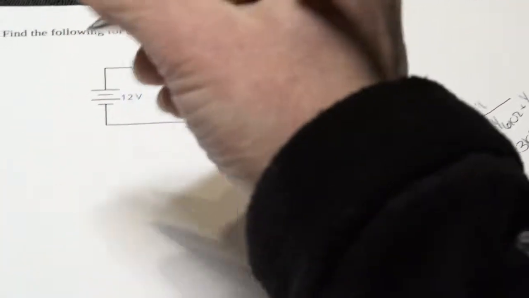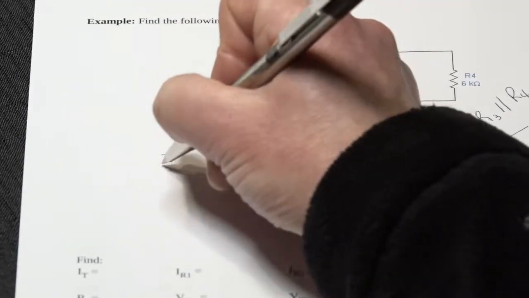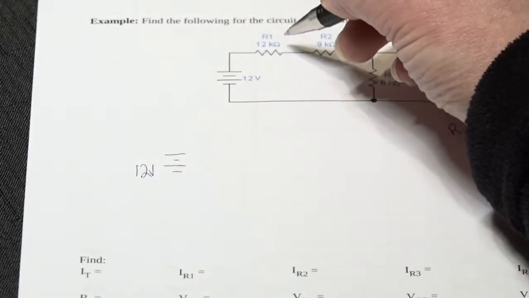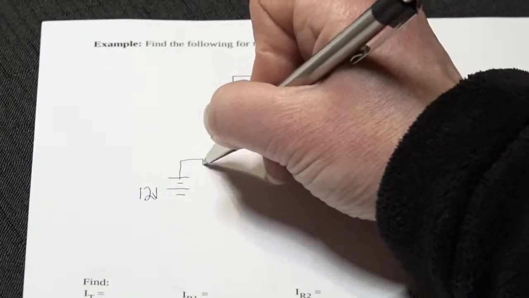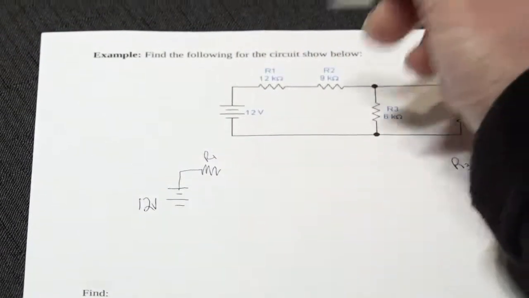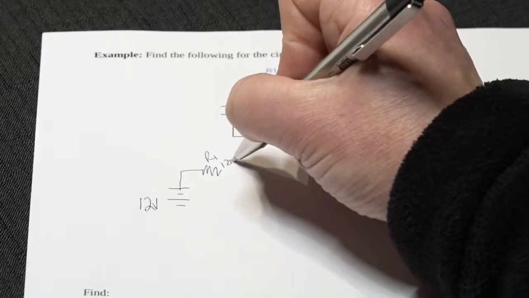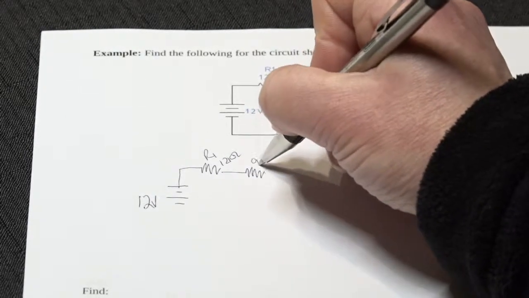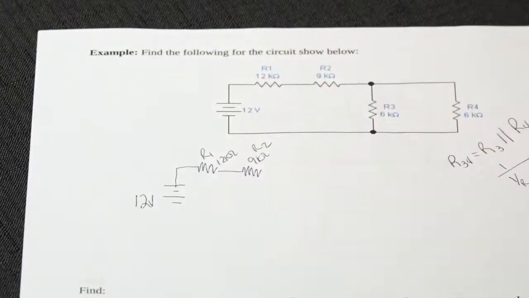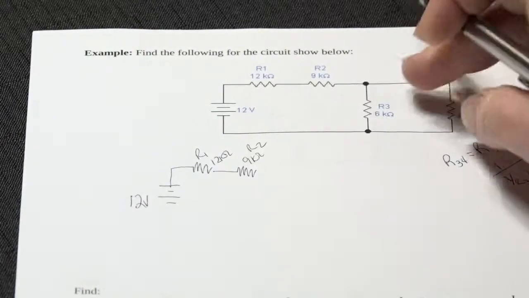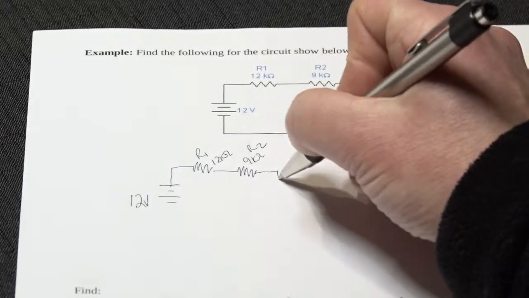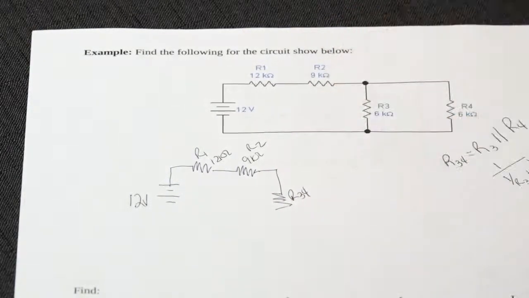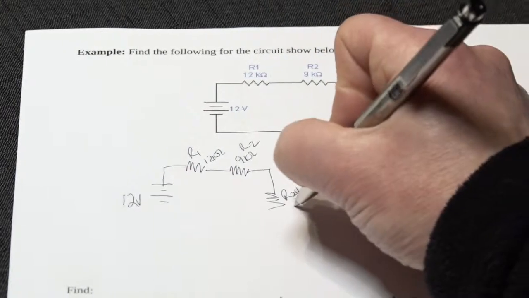I go over here and I say, okay, my 12-volt source has not changed. I still have R1 here, and that's still 12K ohms. And we still have the 9K ohms of R2. And now we replace this connection with the newfound R3-4 value, which is 3K ohms.